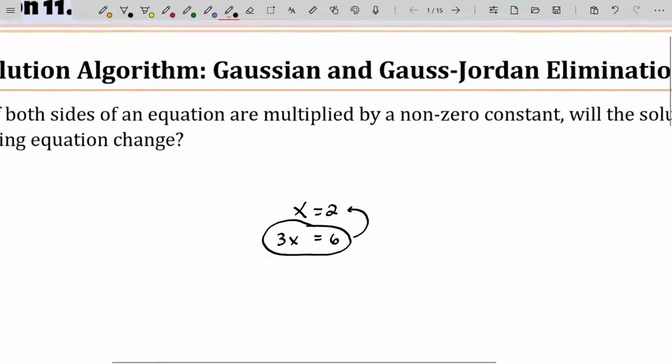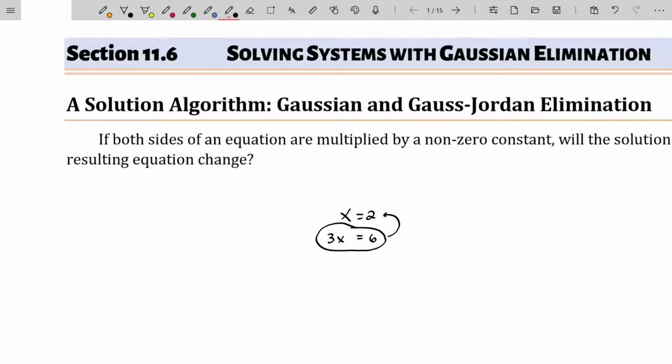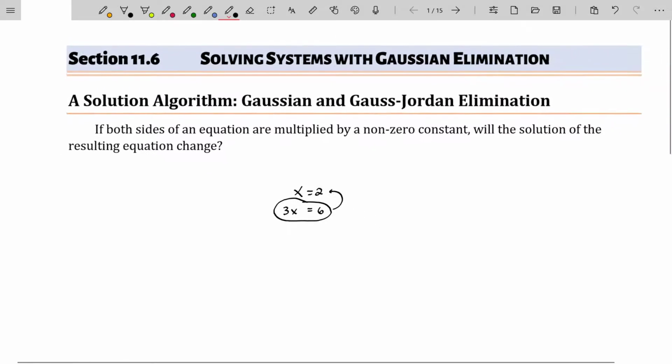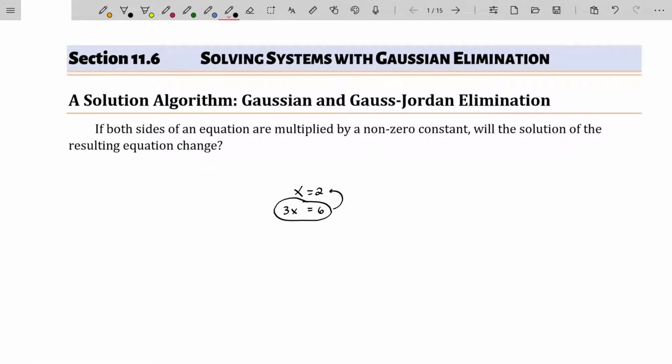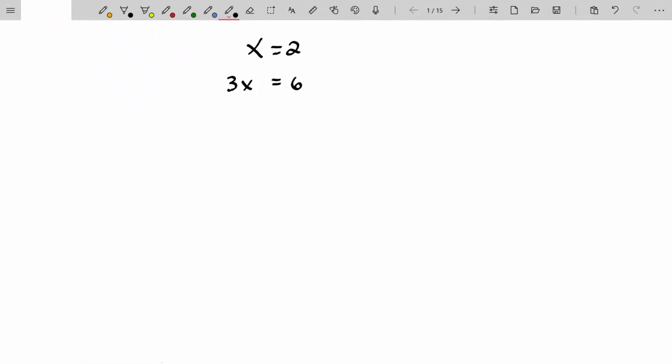So, just based on an example, not a proof, if both sides of an equation are multiplied by a non-zero constant, the solution will not change. This, by the way, holds for larger equations. For example, let's suppose that we had the equation x plus y is equal to 2.